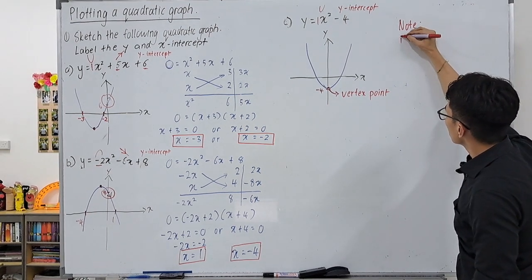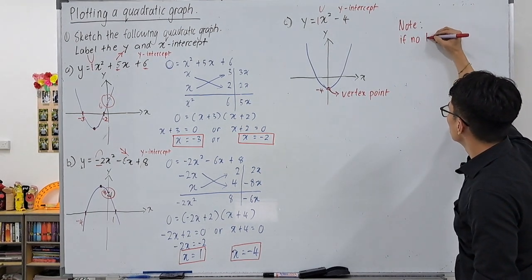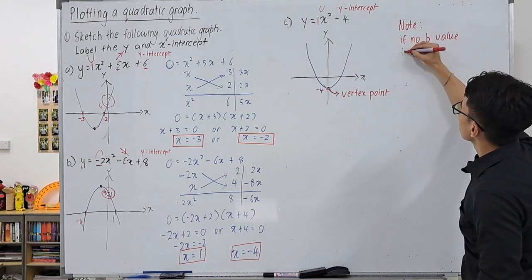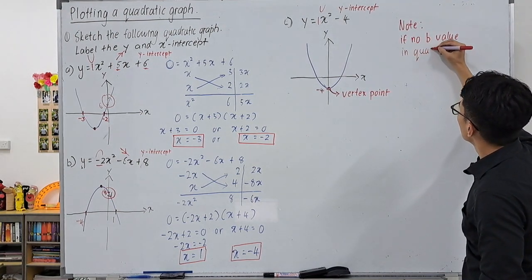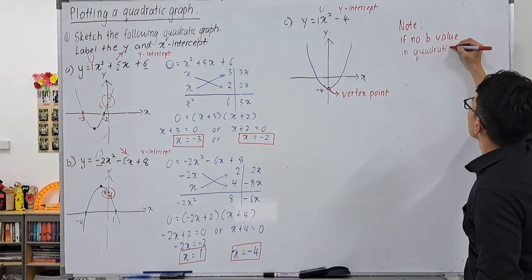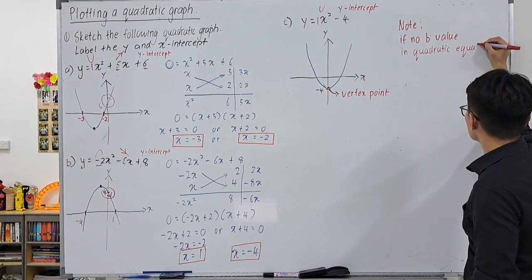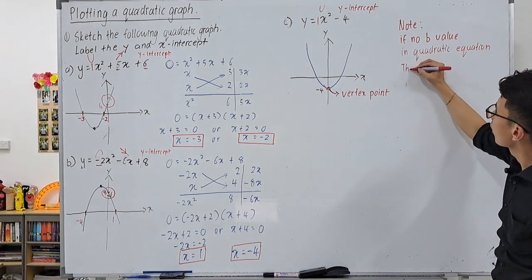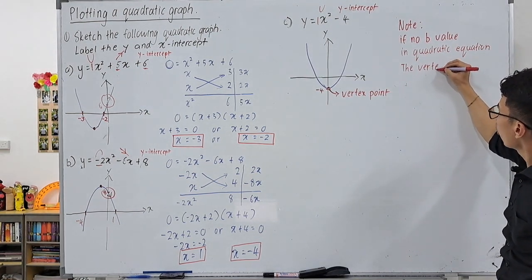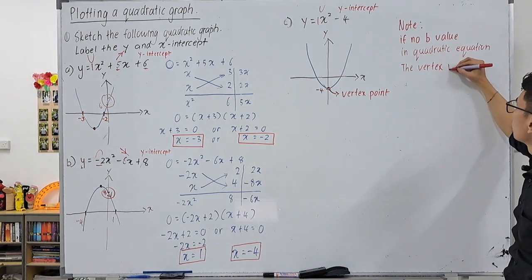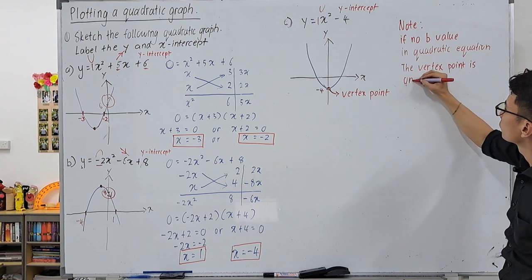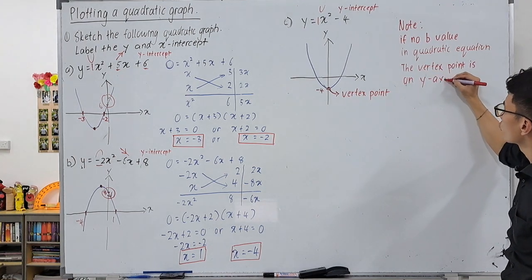If no b value in a quadratic equation, the vertex point will always be on the y-axis. Always remember this.